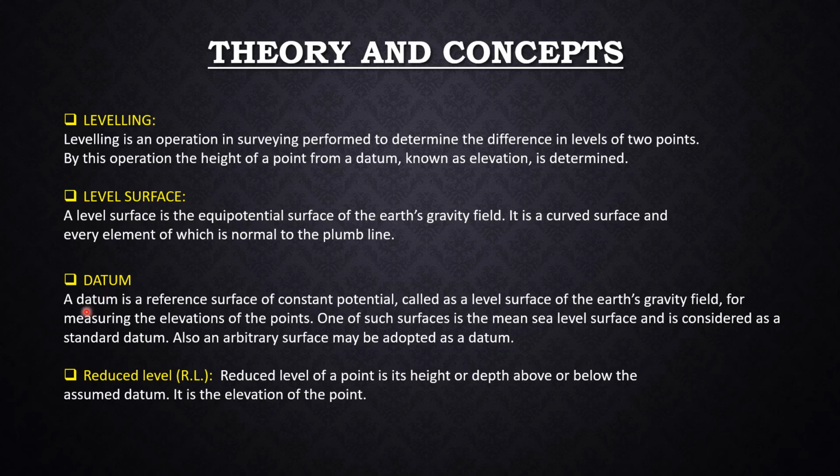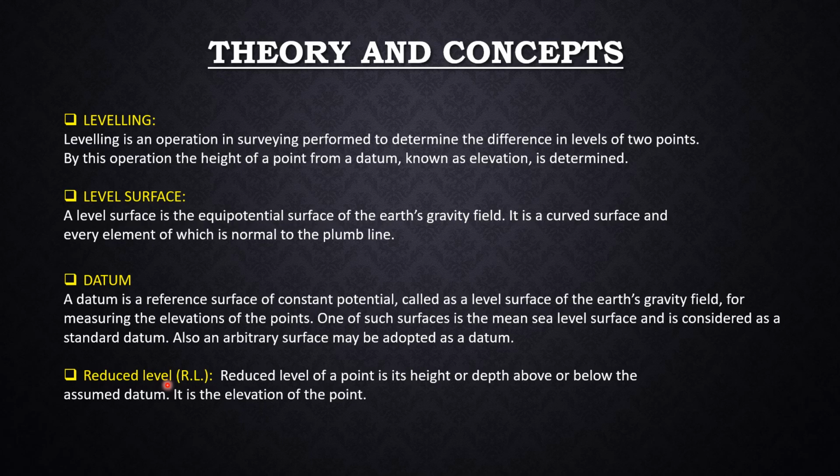Datum. A datum is a reference surface of constant potential, called a level surface of the Earth's gravity field, for measuring the elevation of points. One such surface is the mean sea level surface, which is considered a standard datum. Also an arbitrary surface may be adopted as a datum.